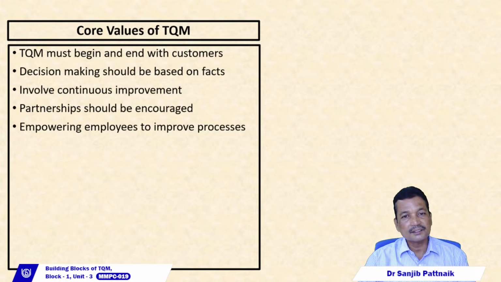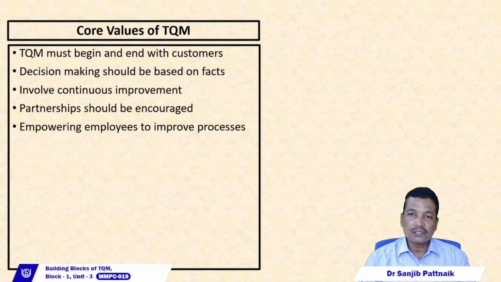In other words, when we say must begin, it means TQM should be based on how the needs, the requirements of the customers in the marketplace should be fulfilled. And it ends with customers.